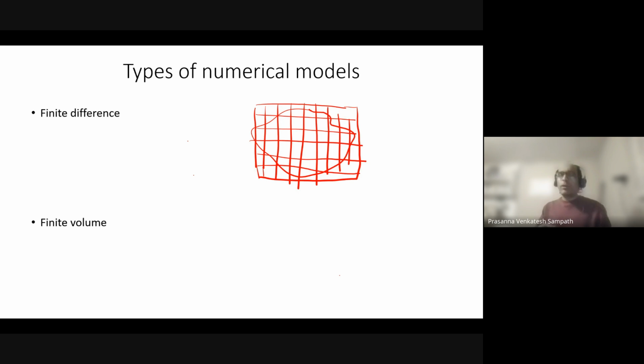So finite difference model means I'm just breaking it up into more or less approximately square boxes. Of course, it need not necessarily be perfectly a square, but in general, this is what a finite difference model looks like, right? So I'm breaking it up into more or less rectangular smaller boxes.